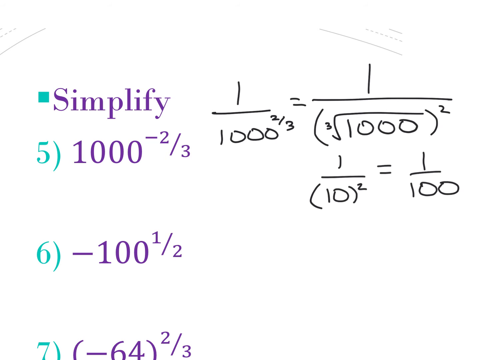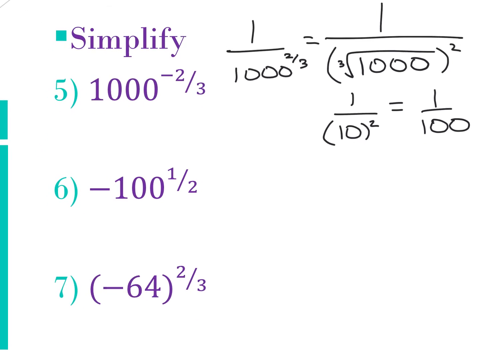Now, here we go with these negative signs, and you have to be careful when the negative sign is in front of the base, if there's parentheses around it or if it's not. So in this case, the 1/2 is only on the 100. So what I'm going to be doing here is the negative sign is going to come outside of the radical, and then I'm going to be doing the square root of 100.